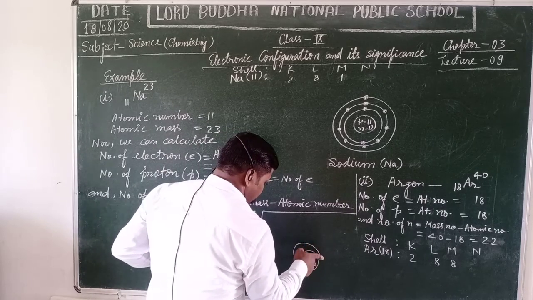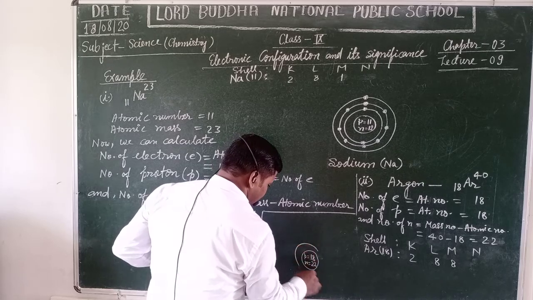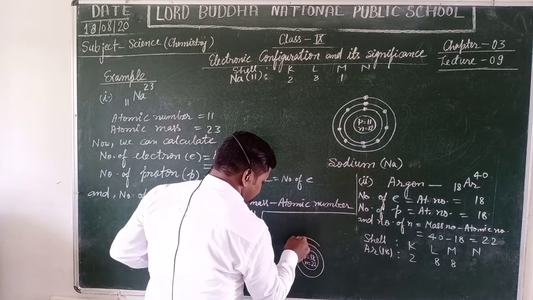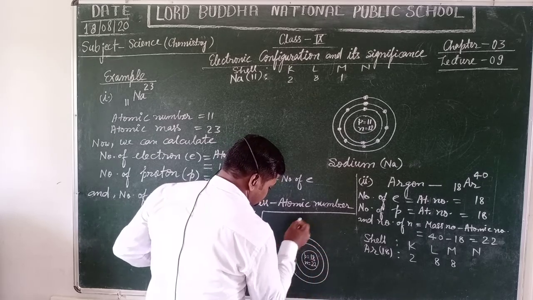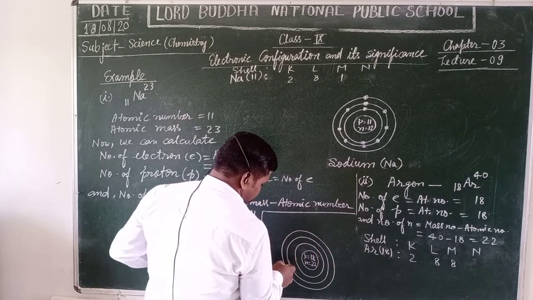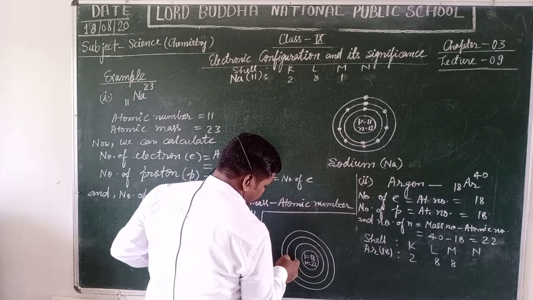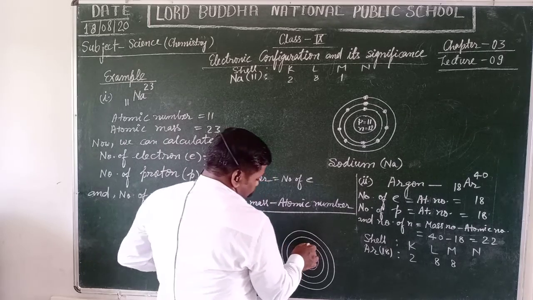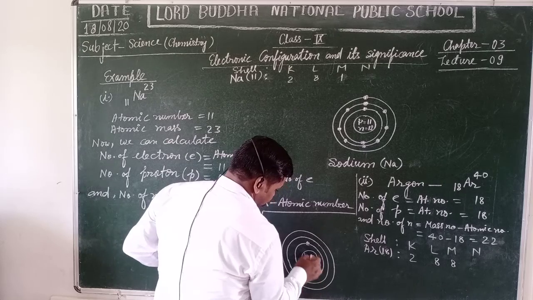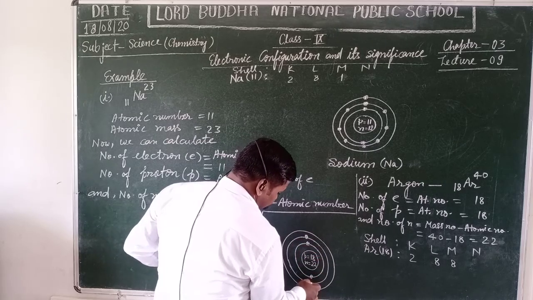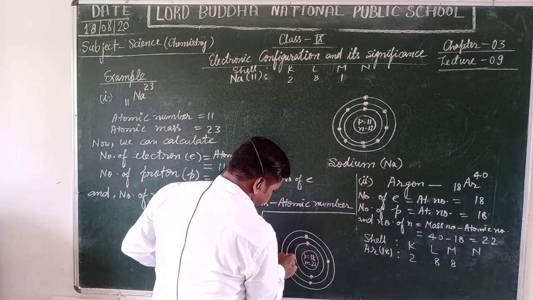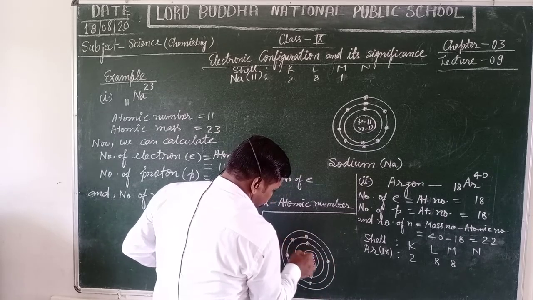The argon atom has 3 orbitals or energy levels: the first, second and third. In the first orbital there are 2 electrons, whereas in the second and third orbitals there are 8 electrons each.